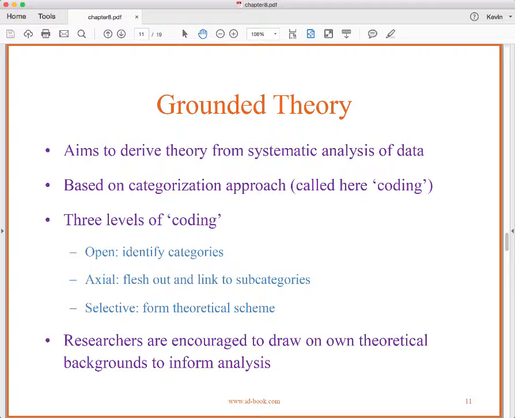In the end, you have a coding scheme for the data that supports your theory of the behavior that you're trying to analyze.